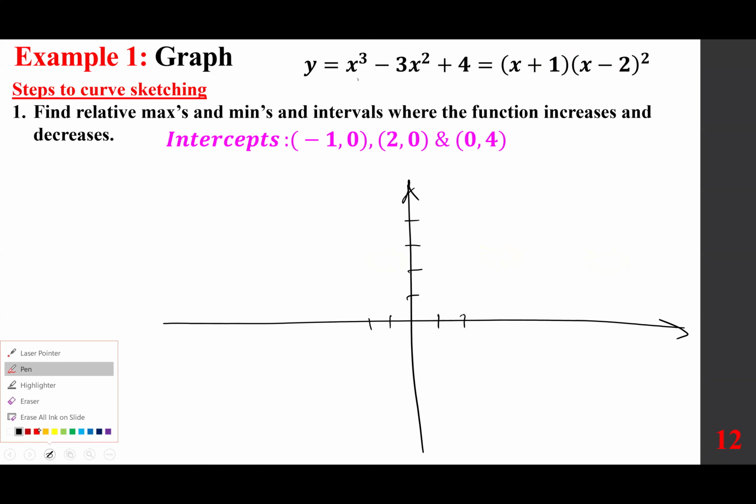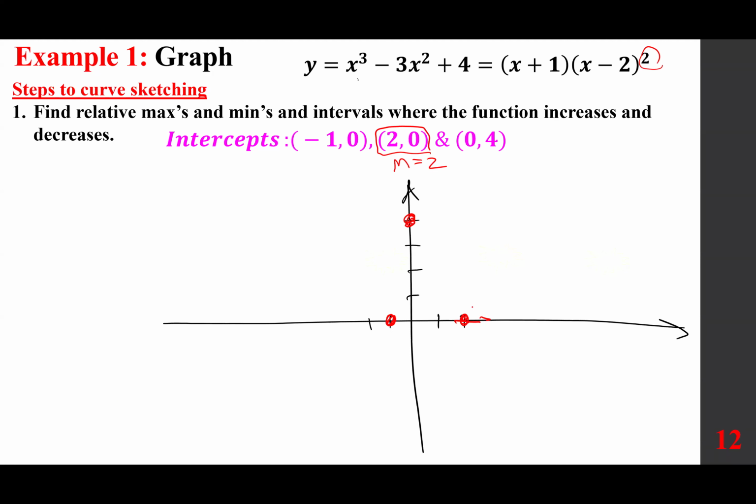So we have (-1, 0), (2, 0), and (0, 4). Also notice that's multiplicity 2.